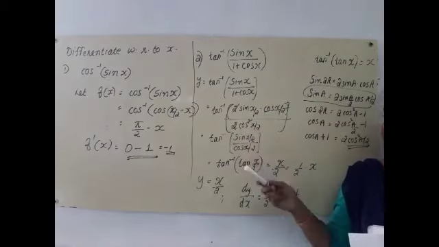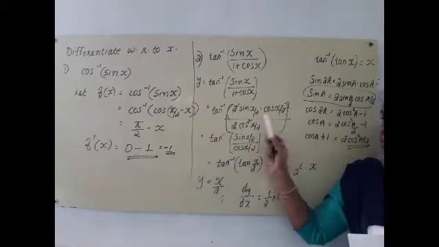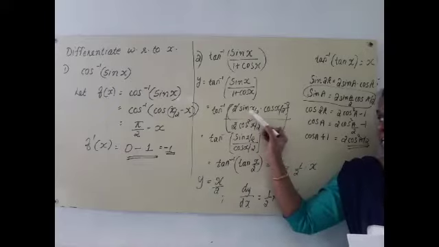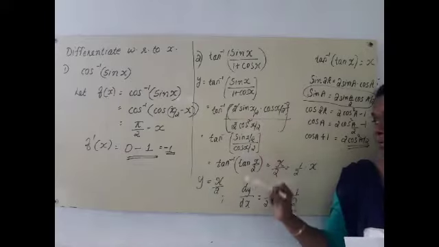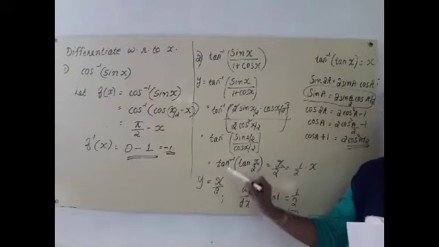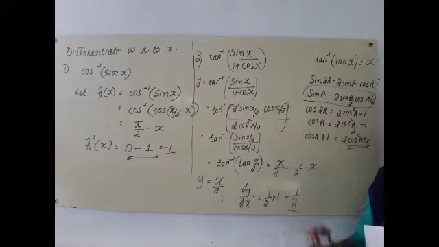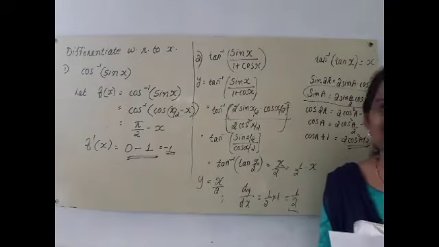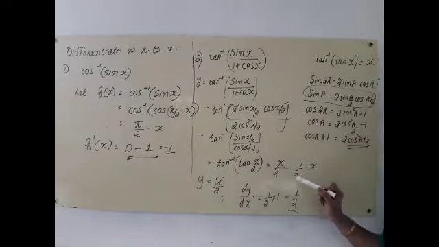The 2 gets cancelled, and one of the cos gets cancelled. Then sin x by 2 by cos x by 2 is tan x by 2. Tan inverse of tan x by 2 is x by 2, which is 1 by 2 into x.